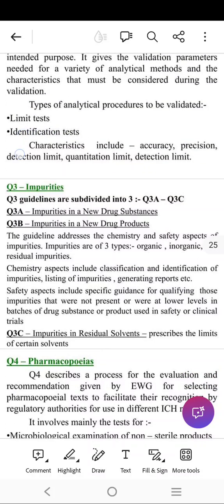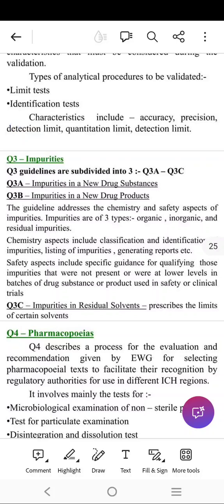Okay, and Q3, impurities. The Q3 guidelines are further subdivided into three: Q3A, Q3B, Q3C. Q3A, impurities in new drug substances. Q3B, impurities in new drug products.